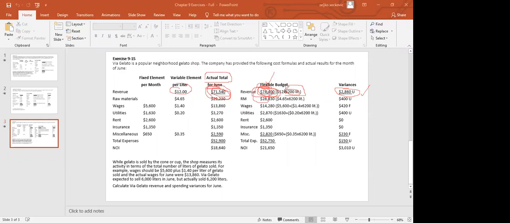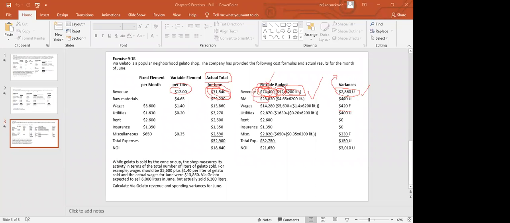Maybe we were charging less than $12 per liter, because maybe we were selling it wholesale to a large customer. Maybe we sold 1,000 liters at $11. That's already $1,000 here, and then we have another 1,860. So that's a similar example as before. You see the difference here is actually in price, how much we charge.